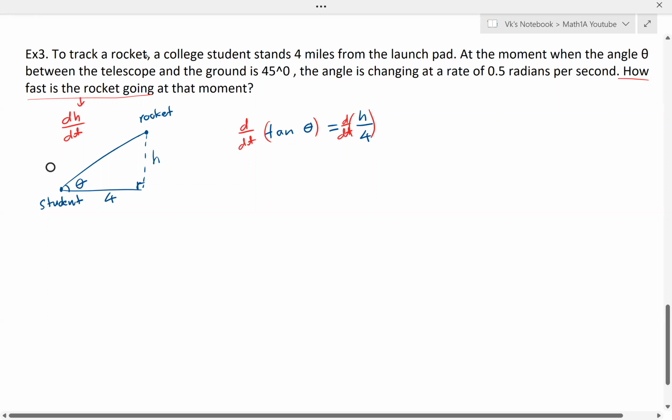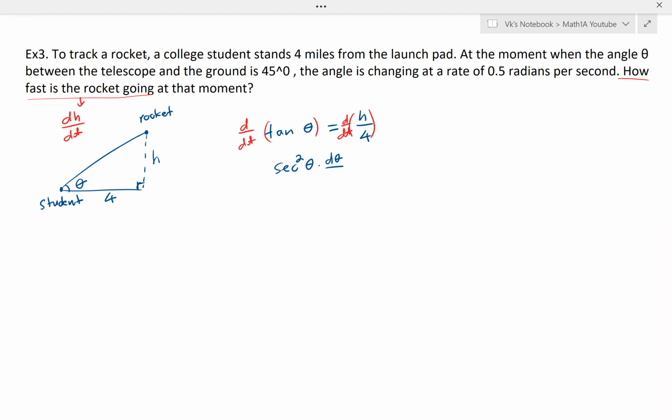Derivative of tangent is secant squared theta multiplied by d theta over dt, because the angle theta is a function of time t, equal to 1/4 dh over dt. And now we can either solve for dh over dt or do the substitution.